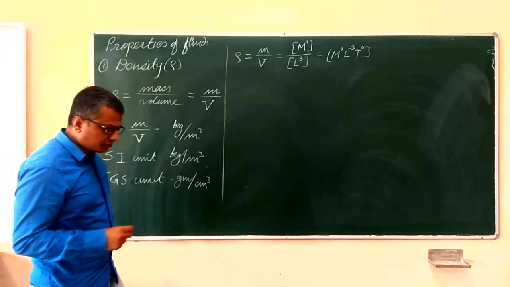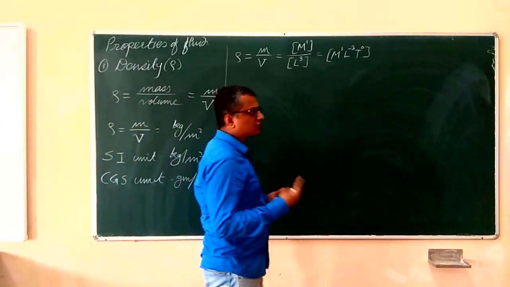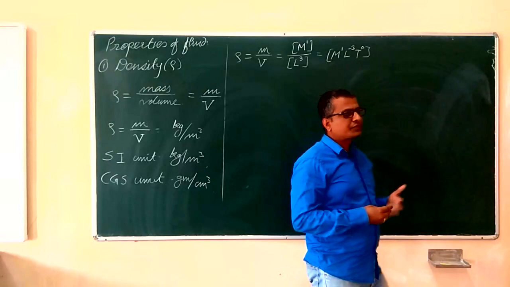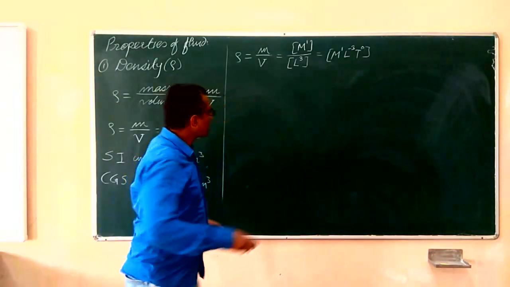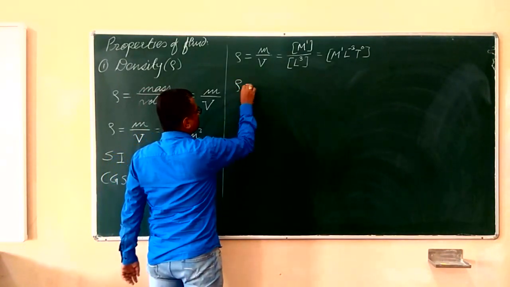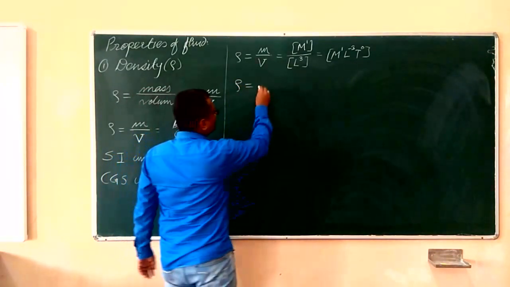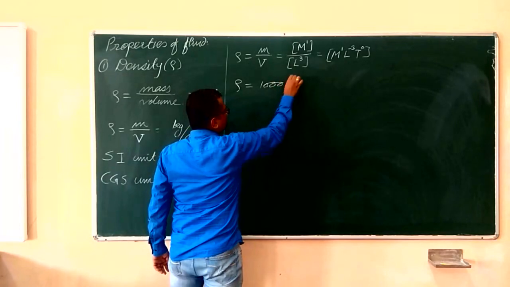Density is a generalized term and is applicable even for solids, but from the fluid perspective we will be talking about the densities of the various fluids. For example, the density of water is 1000 kg per meter cube.